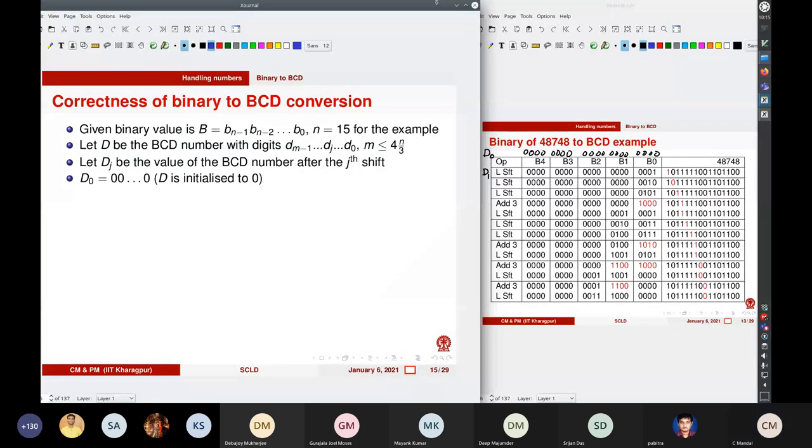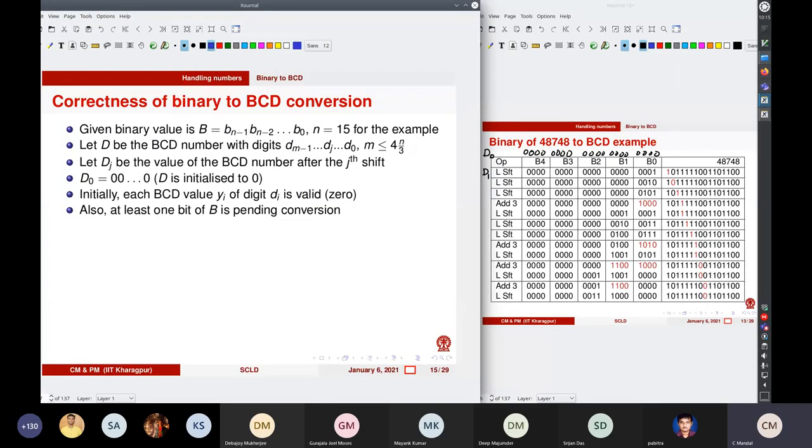So now, initially each BCD value yi, the value of digit di, I just called it yi, maybe I could have called it di. Anyway, initially each BCD value yi of digit di is valid. It is 0.